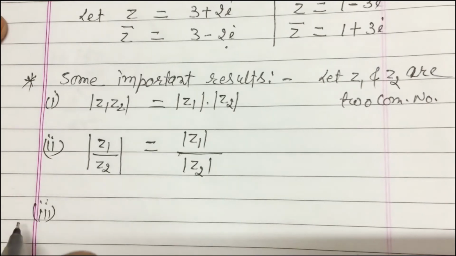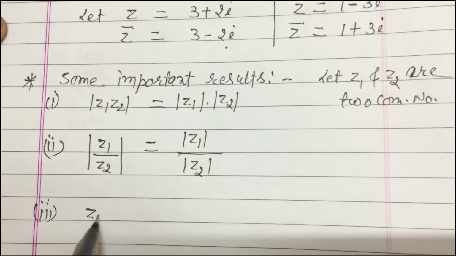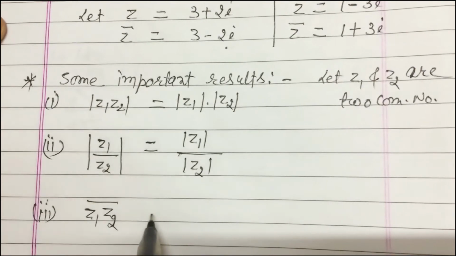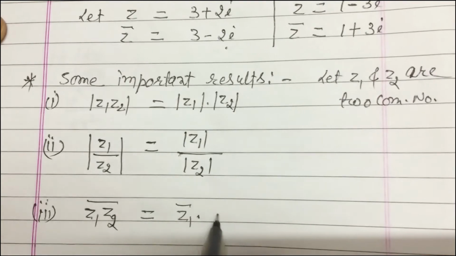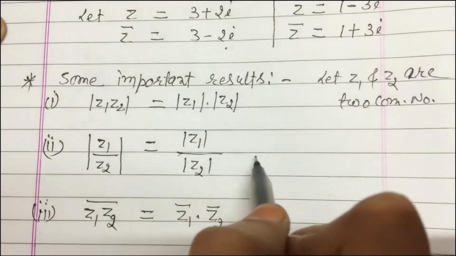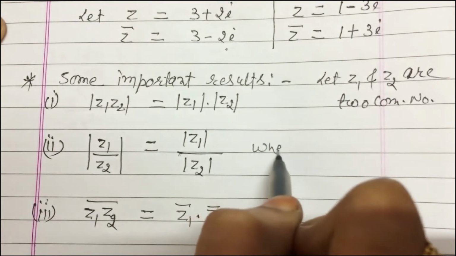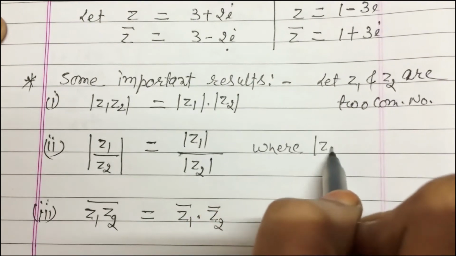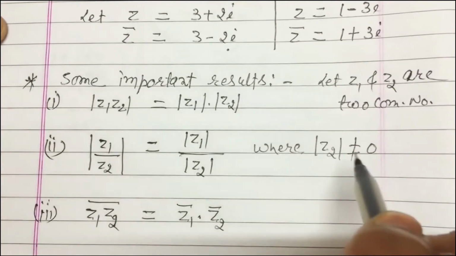Next is conjugate of z1 z2. It is z1 conjugate into z2 conjugate, where z1 is not equal to 0.